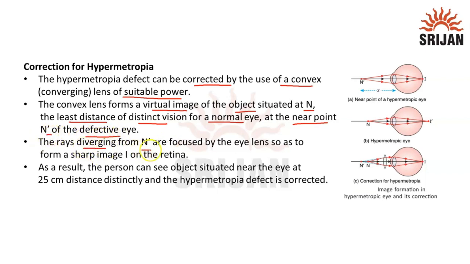The rays diverging from N dash are focused by the eye lens so as to form a sharp image on the retina. Of course, this is better than the previous case where the image was forming behind the retina. As a result, the person can see the object situated near the eye at 25 centimeter distance distinctly, and the hypermetropia defect is corrected.